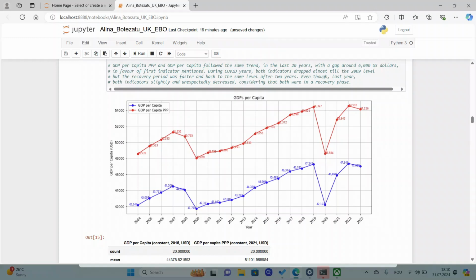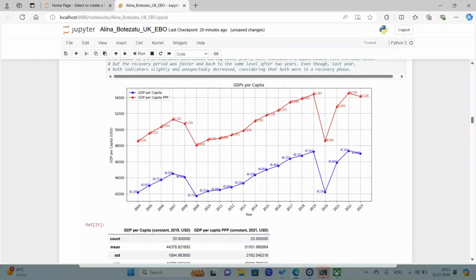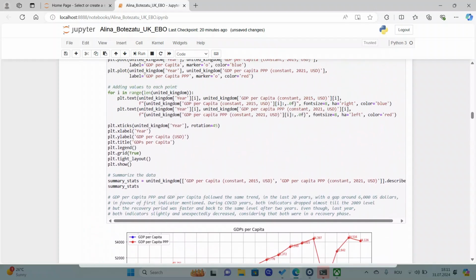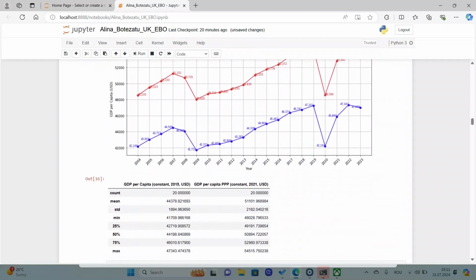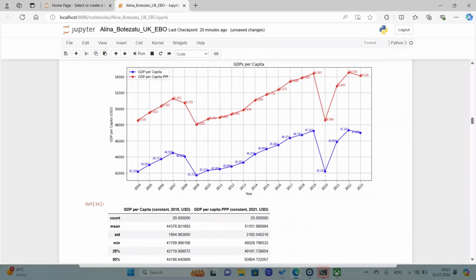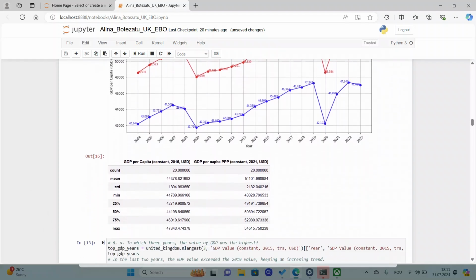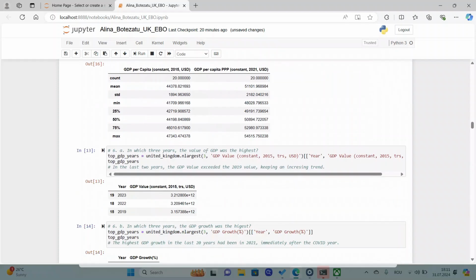Even so, in the last year both indicators slightly and unexpectedly decreased, considering that both were in a recovery phase. This is not totally unexpected, but an increase phase followed by a new decrease phase is way too quick compared to the previous 17-18 years.